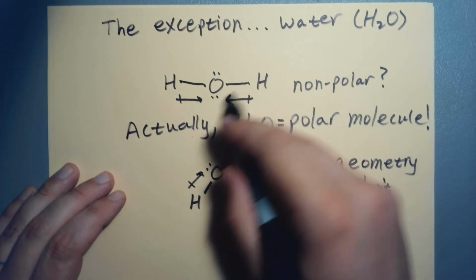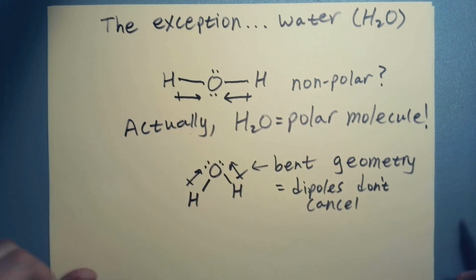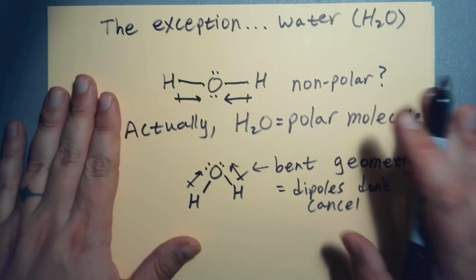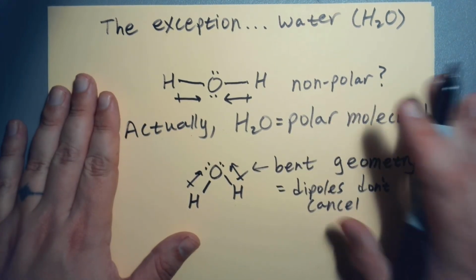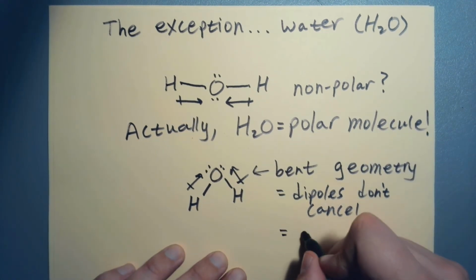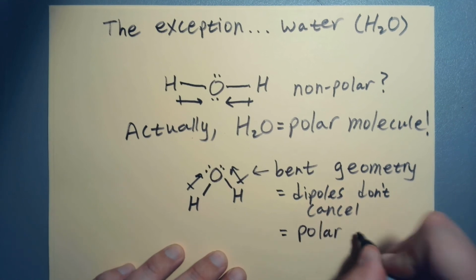Now your normal up, down, left, right stuff isn't going to show that. So again, this is the only exception that I'm going to hit you with in this class. You just have to know, because we're going to do so much stuff with water. So dipoles don't cancel equals polar molecule.